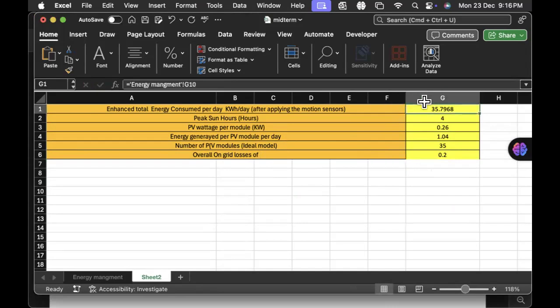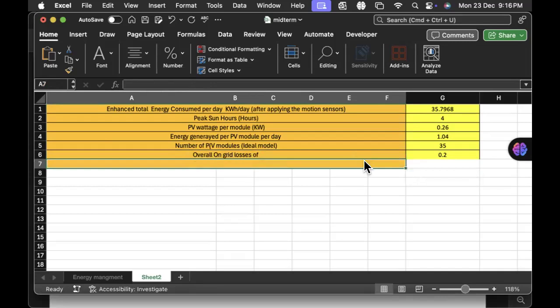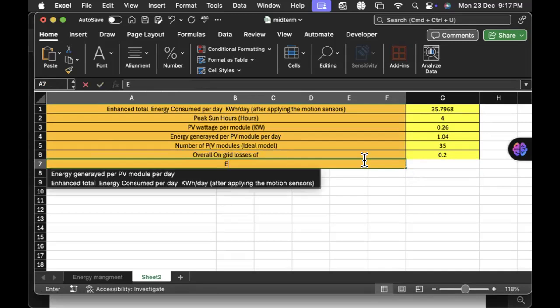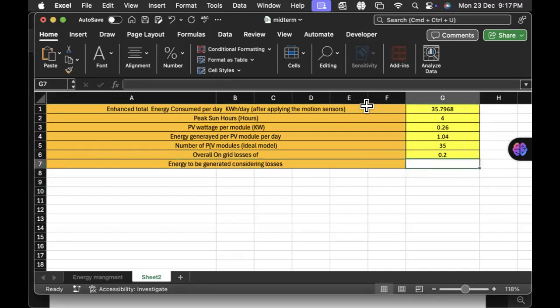Okay, so what I need to generate in exact is not this number, not this 35.79 at the power. What I need is the power energy to be generated considering losses. This number over 1 minus 0.2.